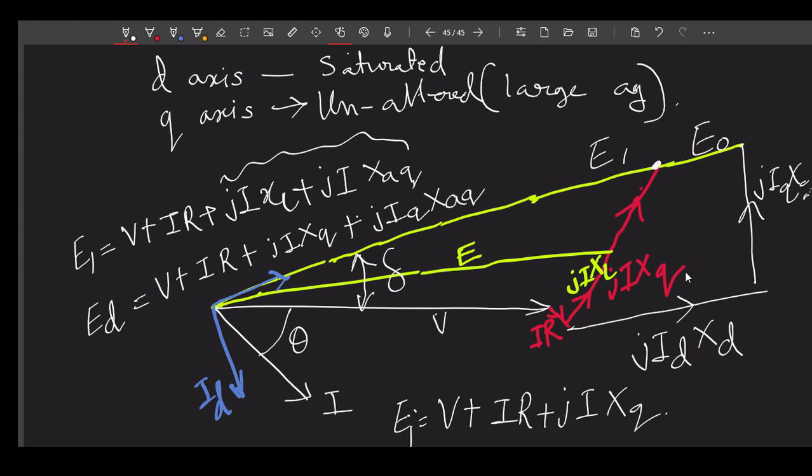So this last term, jIQXAQ, if you are having difficulties in understanding this, let me draw the picture, then you will get it more clearly.